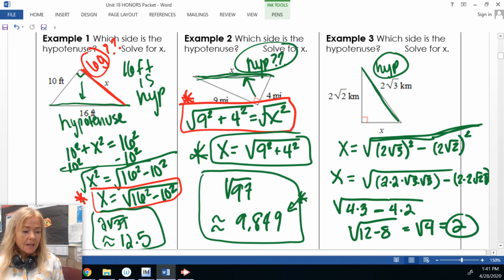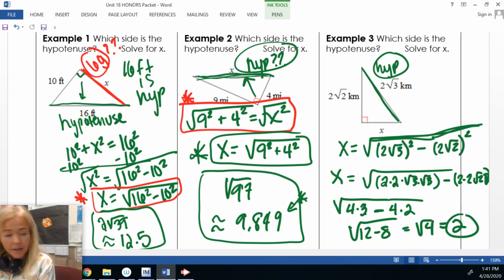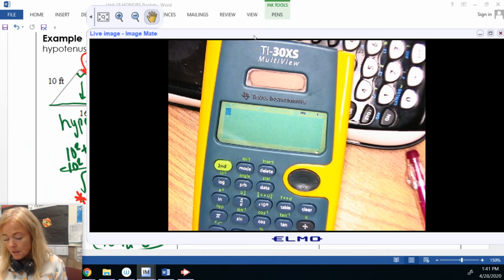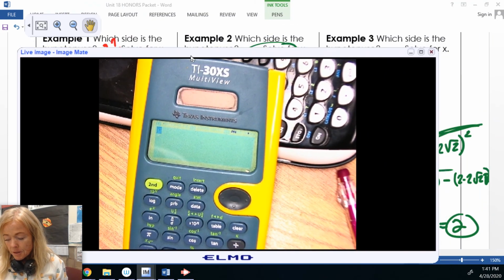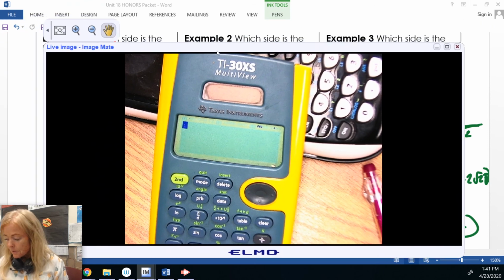Otherwise, you can place it in the calculator. Make sure you put parentheses around that 2 radical 3 because you have to square it all, and around the 2 radical 2 because you have to square it all. In fact, I can just quickly put that in the calculator before we stop this video so you can see it. I have to make sure I remember 2 radical 3.